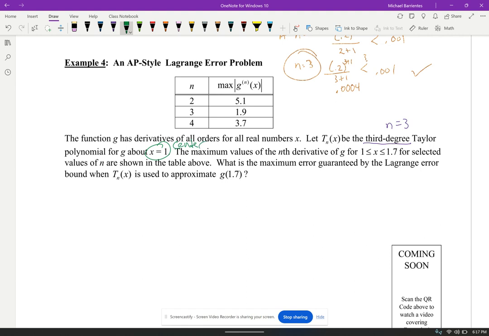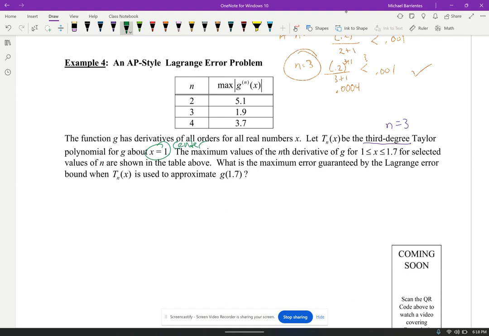Let's continue reading. The maximum values of the nth derivative of g for x's between 1 and 1.7, including 1 and including 1.7, for selected values of n are shown in the table. So I'm looking at the table, and they're saying if I want to find the second derivative, the maximum value of the second derivative of g at an x value that's between 1 and 1.7, including 1 and 1.7, is 5.1.